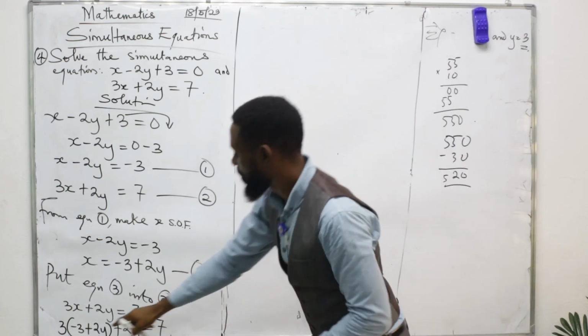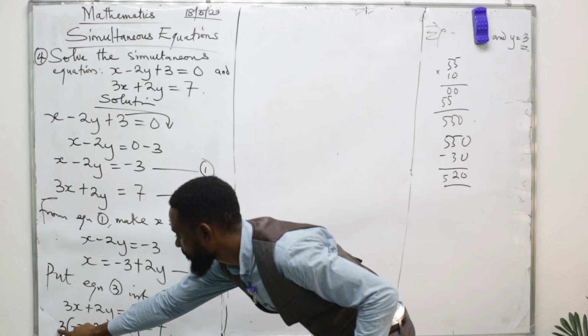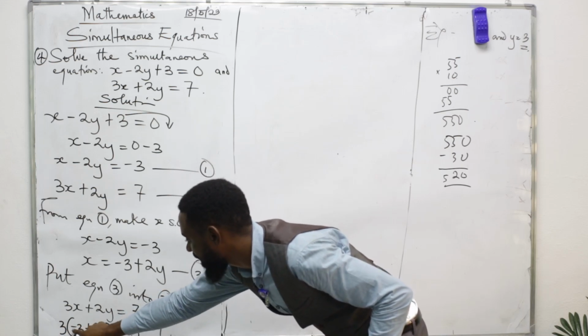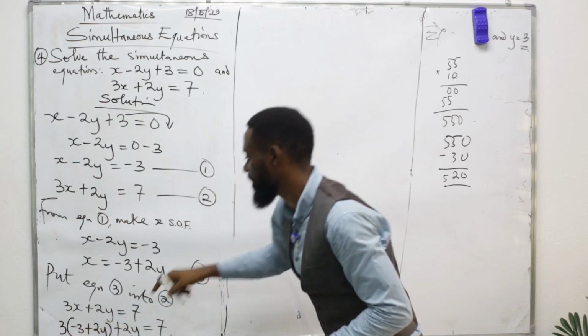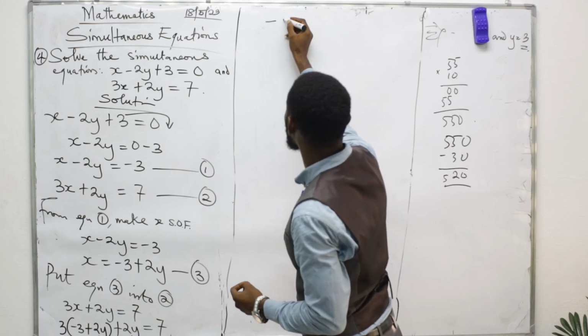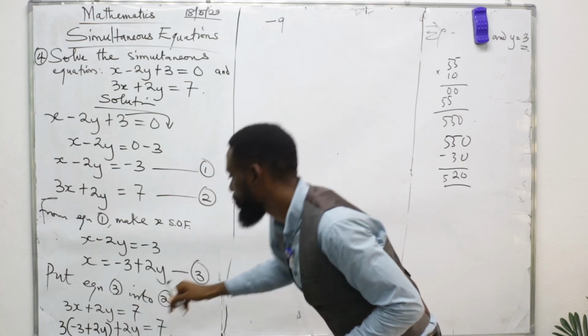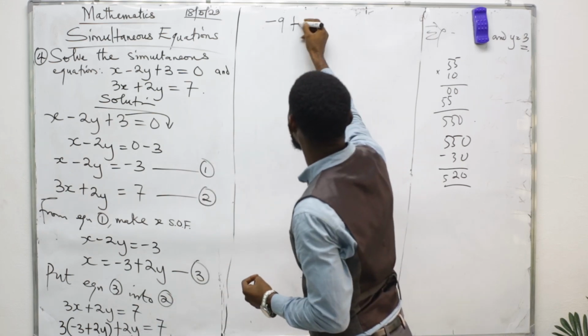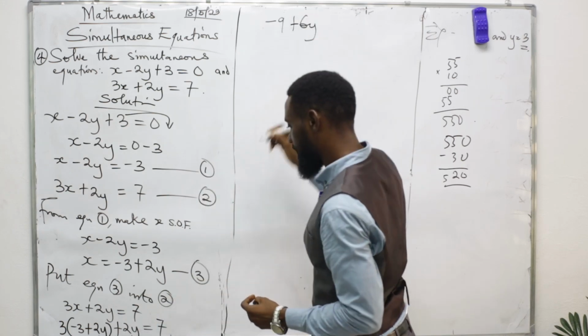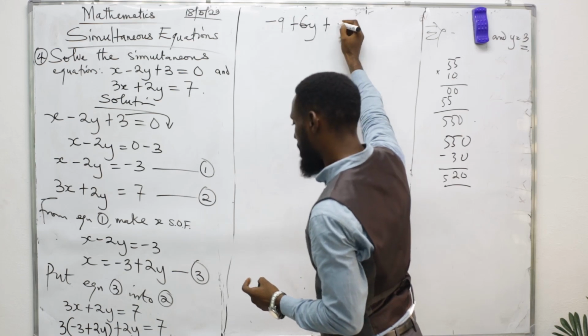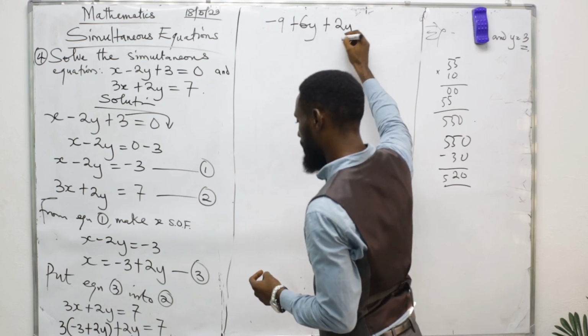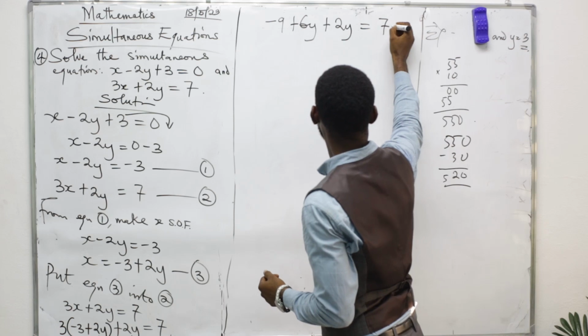Okay, so if we expound this, this will be 3 multiplied by minus 3. 3 times minus 3 will give us minus 9. 3 times plus 2y will give us plus 6y. You get that now? So we already have our plus 2y here, which is equal to 7.